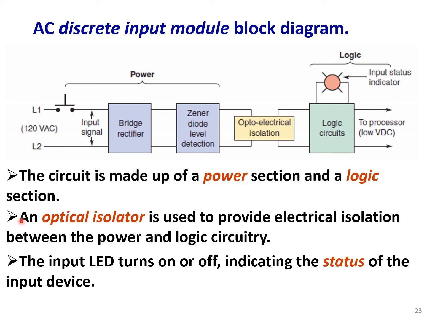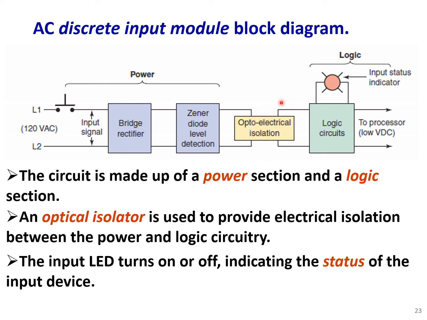An optical isolator is used to provide electrical isolation between the power and logic circuit. So we have this optical isolation here, or opto-electrical isolation, between the power and the logic that connects these two parts.